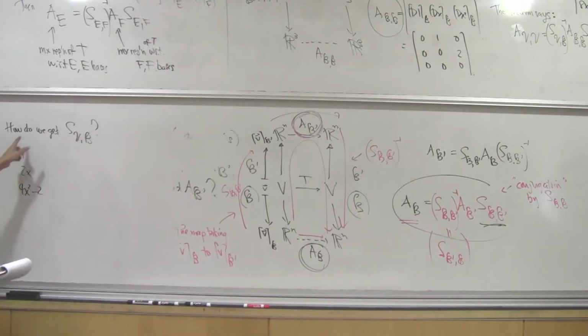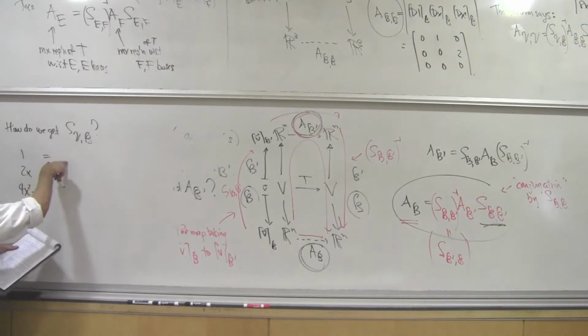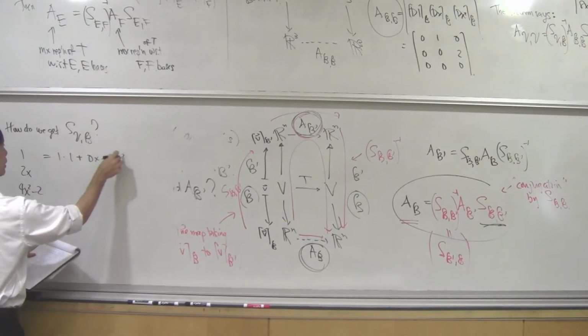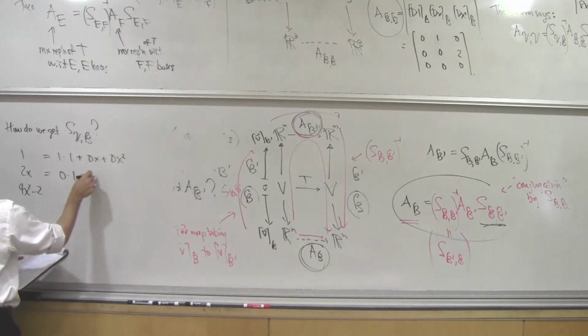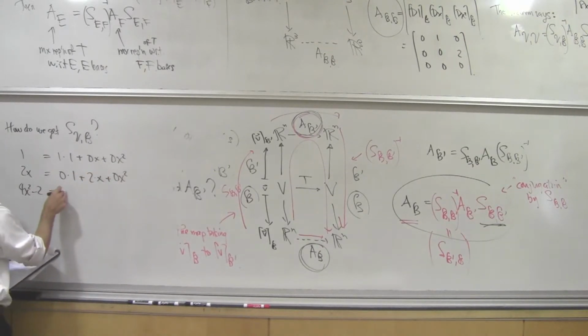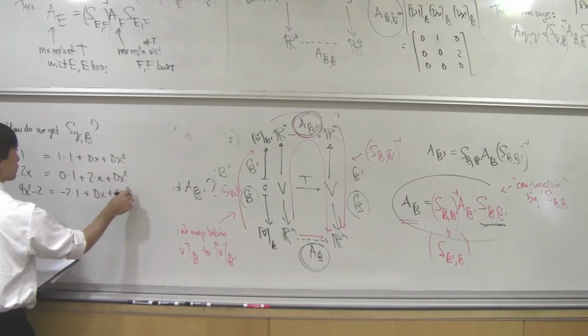And you express them in terms of the B basis, right? So this is going to be 1 plus 0 plus 0. This is going to be 0 plus 2 plus 0. This is going to be negative 2 plus 0 plus 4.